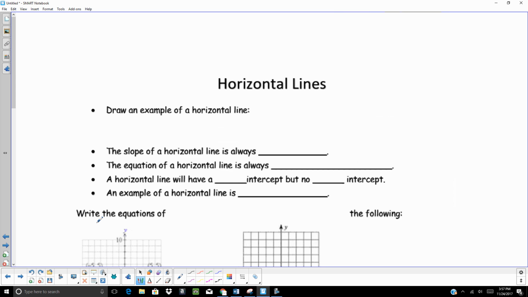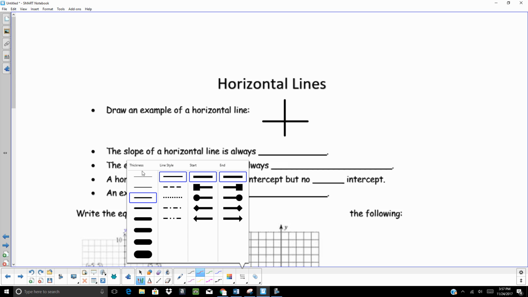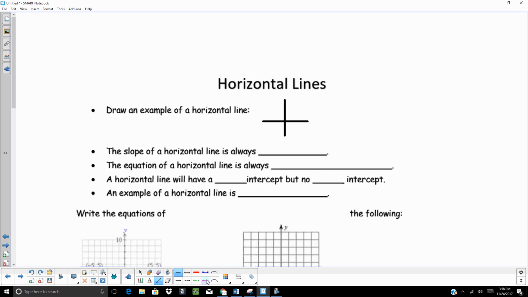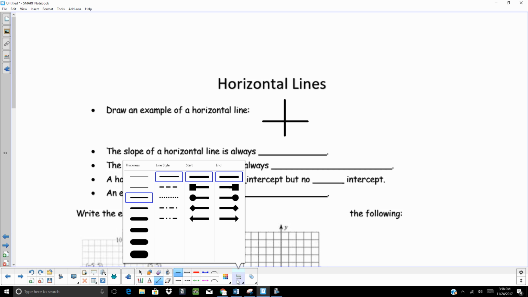All right, let's take a second and talk about horizontal lines. So if I want to draw an example of a horizontal line, here's my coordinate plane system. And we'll draw this in red. We'll get fancy, we'll even do a line.